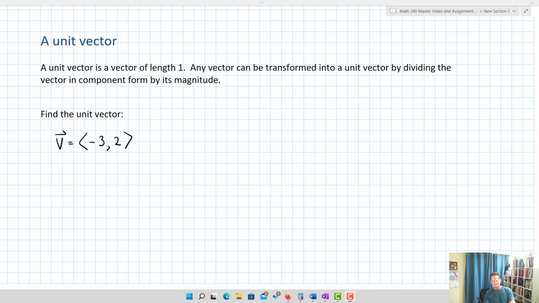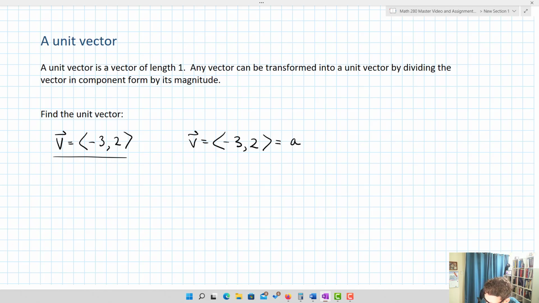It's actually really simple to figure out what the unit vector is. A vector can be transformed into a unit vector by dividing the vector in component form by its magnitude. Imagine we've got v here. Say v equals -3, 2, times some scalar, call it a.